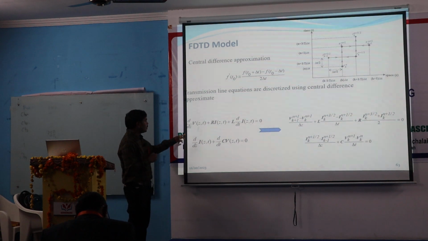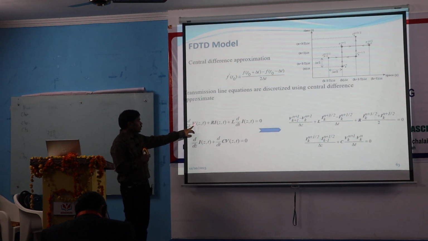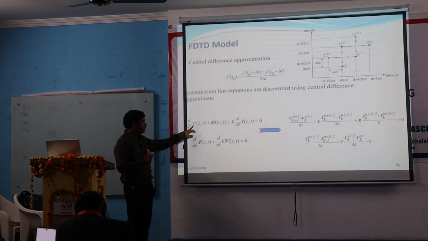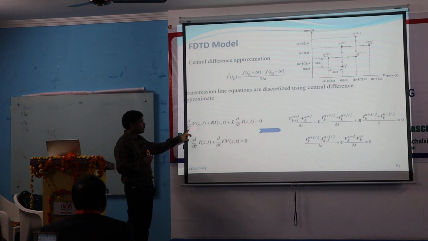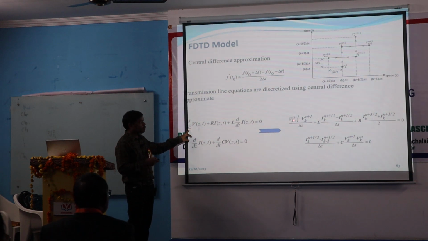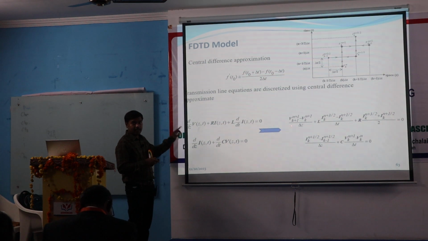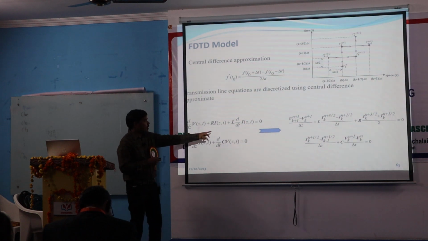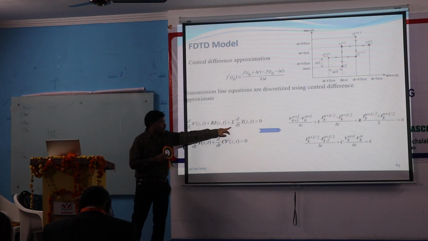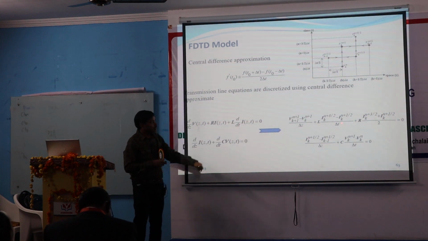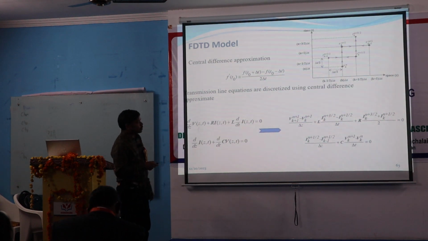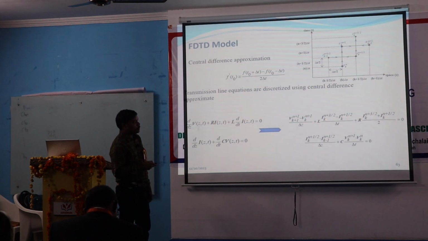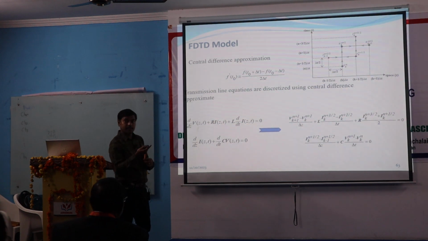Now for the voltage, we need to take the derivative with respect to z. So what you do is take two different values of V at k plus 1 and k, with the space discretization of delta z. And coming to the L term, we need to take the derivative with respect to time. So I suggest you take two values of I at two different times.